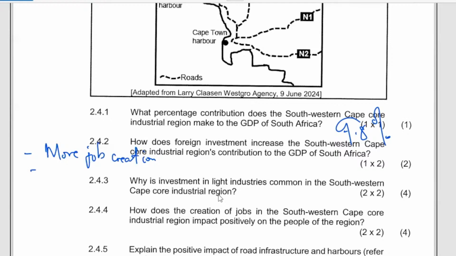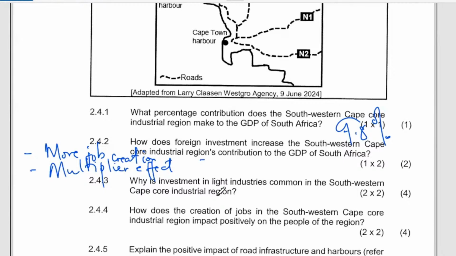And we can also talk of the foreign investors bringing in the multiplier effect. The money that they spend is going to create more money as it circulates in the economy. The money that they inject into the circular flow is going to create more money. And that is the multiplier effect, which is going to affect positively the industrial region and its contribution.